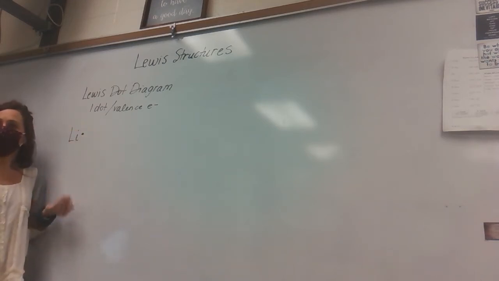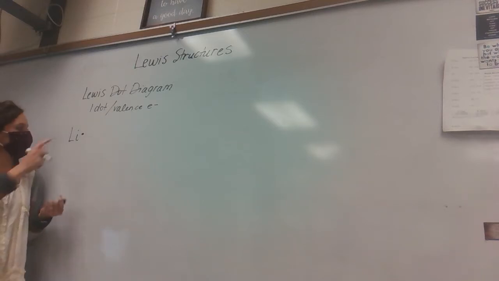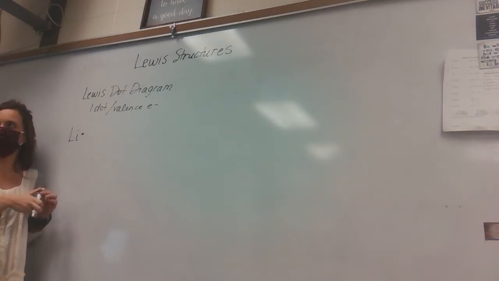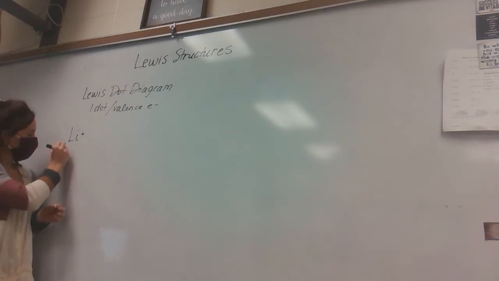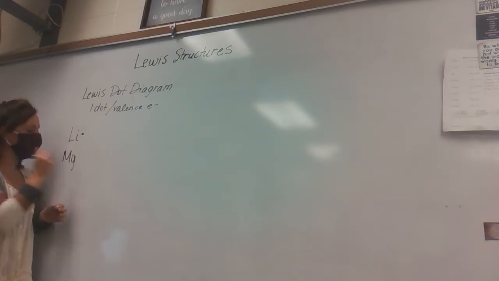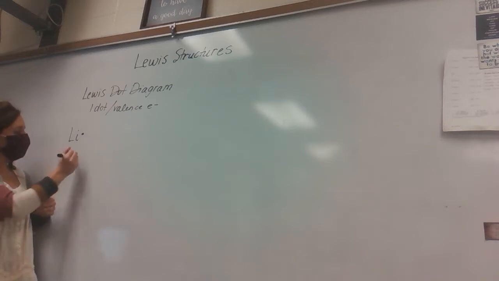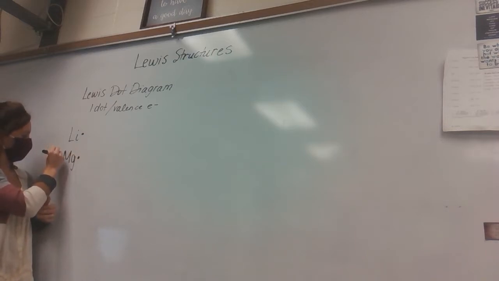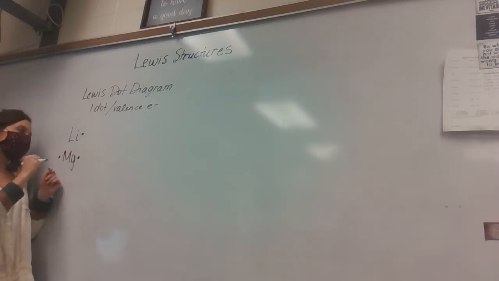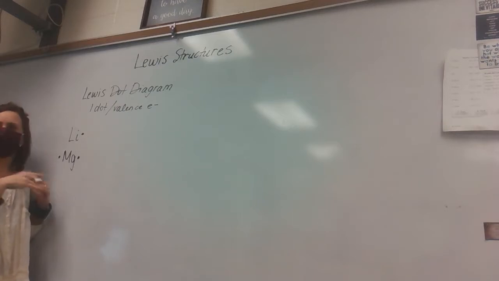It doesn't matter what side the dot goes on, as long as there's just one. An element in group 2, like magnesium, with two valence electrons, needs two dots, and we don't pair them, but it doesn't matter if they're right and left or top and bottom. They're probably going to be on opposite sides because of electron repulsion, but right and left, top and bottom doesn't matter.